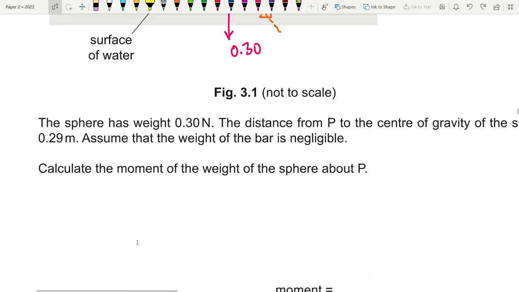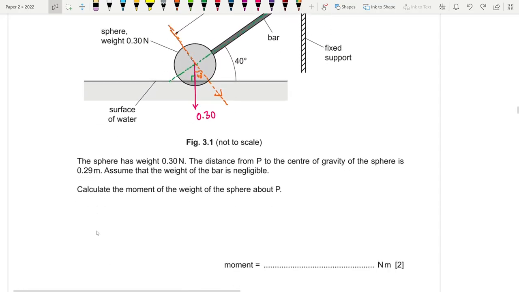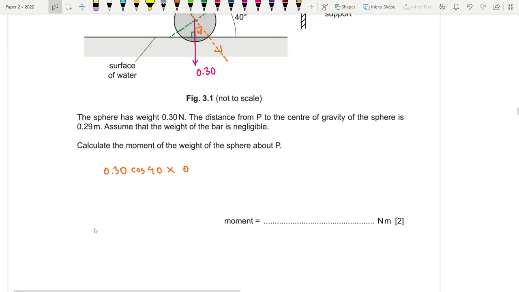So let's find the moment of the weight of the sphere about P. That's 0.30 cos 40 times the distance, 0.29. 0.3 cos 40 times 0.29 is 0.0666, or 0.067 to 2 SF.